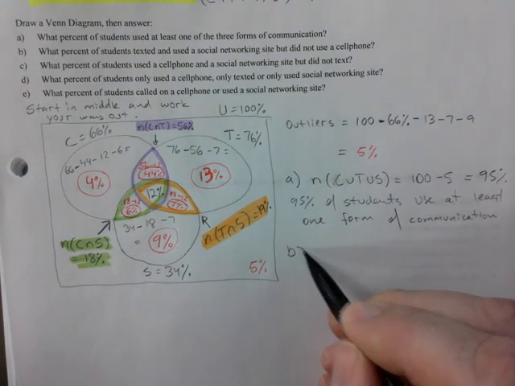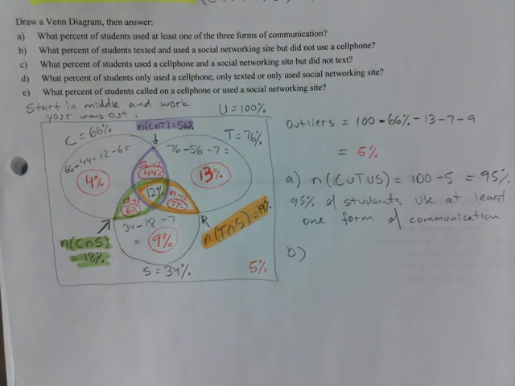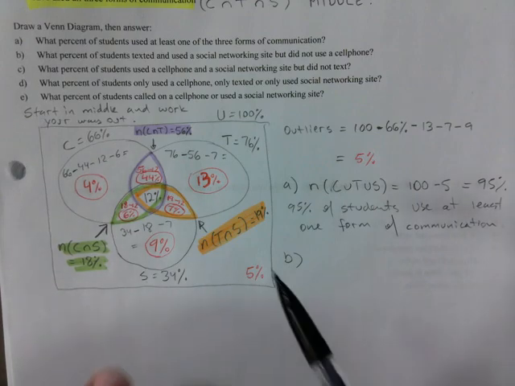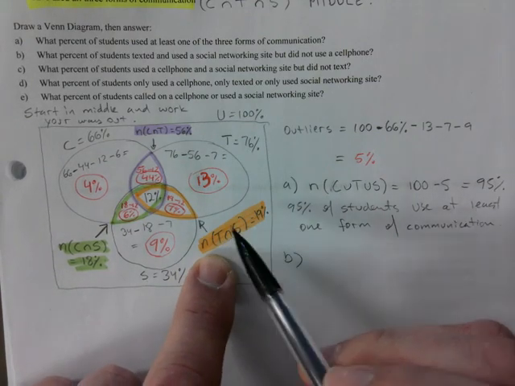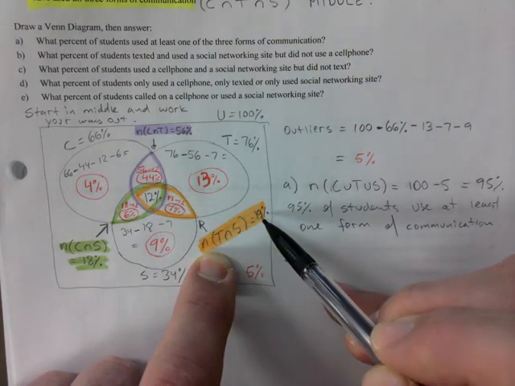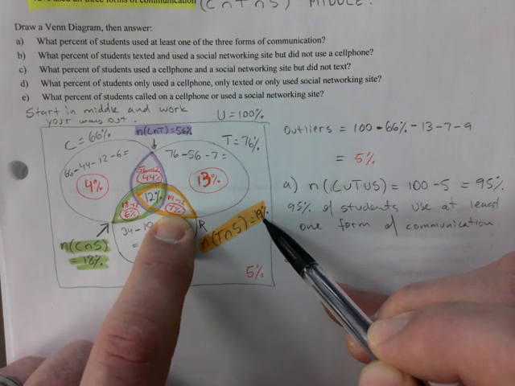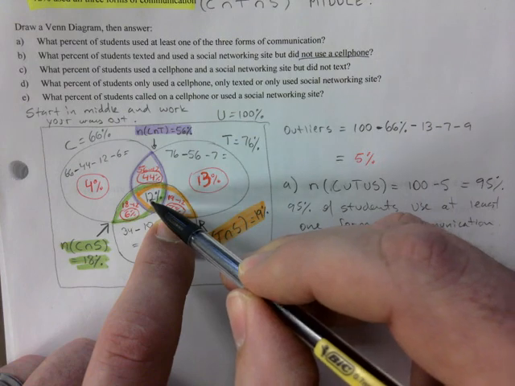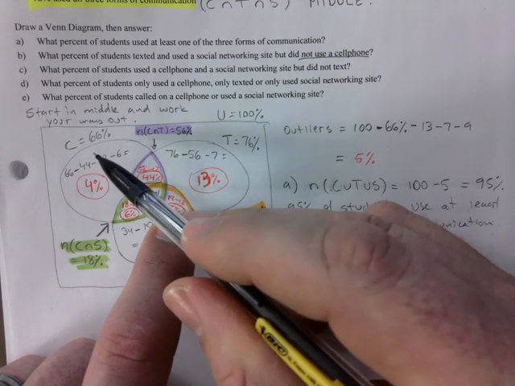Okay. B. What percent of students texted and used social networking but did not use a cell phone? Read this carefully. So texted and social networking, that's right here. This is the intersection, right? So you would think it's 19, but it says they do not use a cell phone. So you don't want a part of this section because that would be including cell phone.